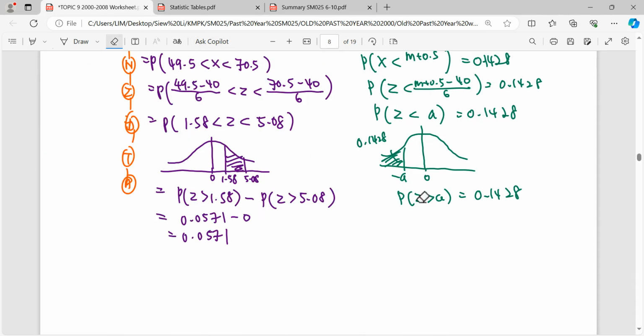But our a, as left hand side, is supposed to be negative, so negative 1.07.